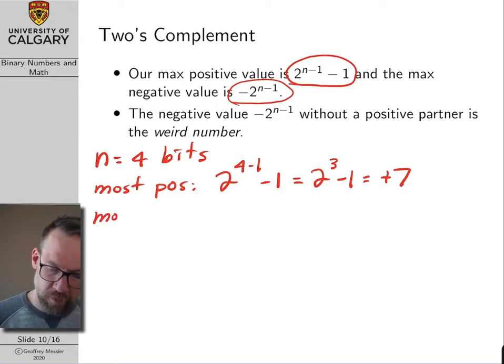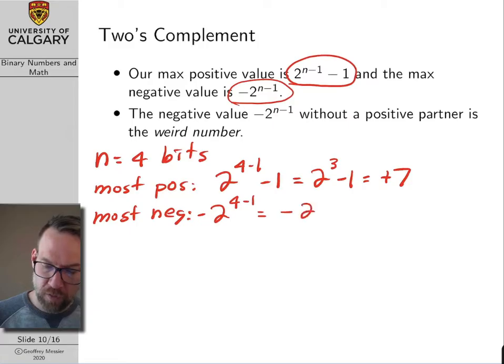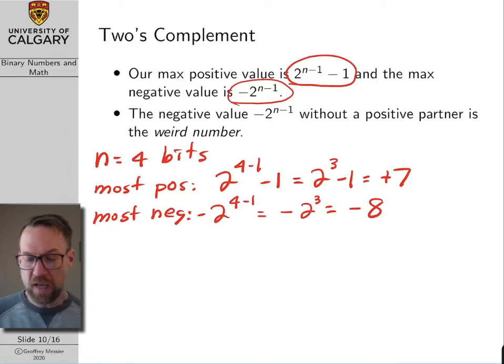And then the most negative number we can represent is negative 2 to the 4 minus 1, which is negative 2 to the 3, which is equal to minus 8. And so we can go from positive 7 to minus 8. And always with 2's complement numbers, we have one negative number, negative 8, that doesn't have a positive counterpart. And we call that number the weird number.